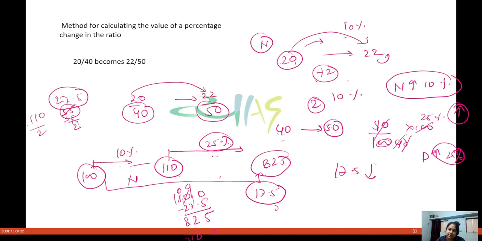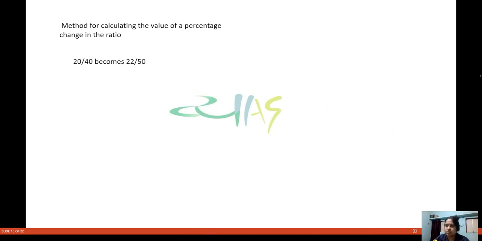And if this is decreased by 25%, I already calculated: what is half of 110? 50%, right? So half of 110 will be 55. Divide 55 by 2, so you will get 27.5. So just subtract 27.5 here, so you will get 82.5.